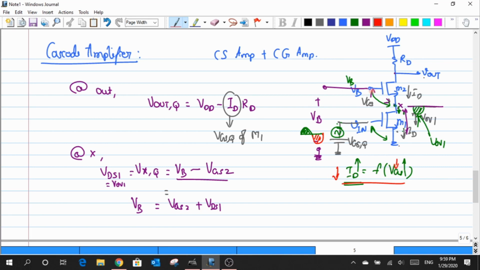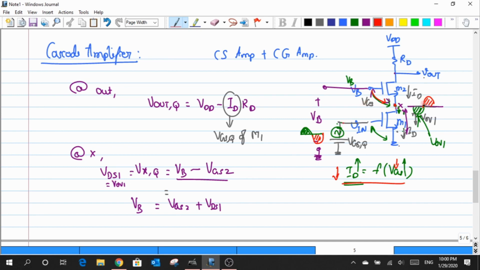So the value of this VGS has to get reduced, and the way that I can do that is by pushing this node Q point to a higher value. So it can go all the way up. Whenever there is a negative swing, there is an inverting stage between this node, and that leads to a positive swing here. Now, how far can this swing go up?